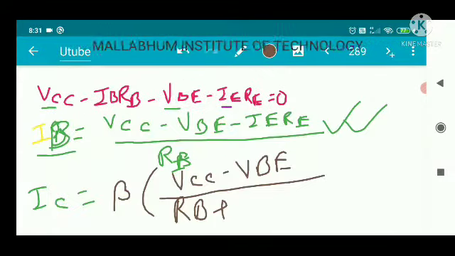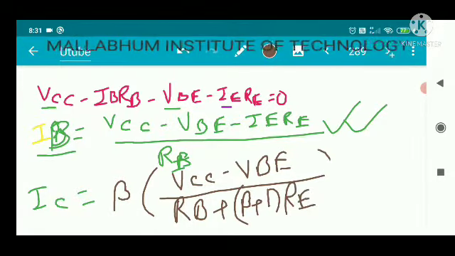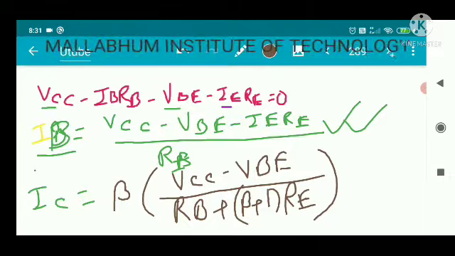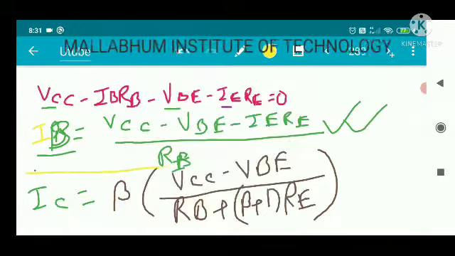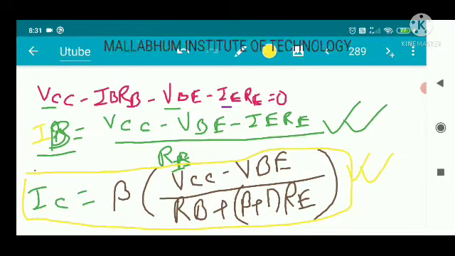So beta plus 1 RE. So this is the expression for IC. We get the expression for IC, that is required for the Q point calculation.